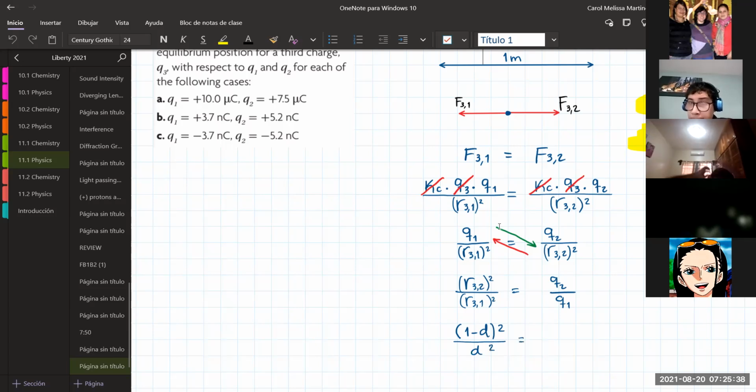All this is equal to q2. q2 is given as 7.5 microcoulombs. You know that the prefix micro means times 10 to the negative 6 coulombs, and q1 is 10 microcoulombs, so it is 10 times 10 to the negative 6 coulombs.